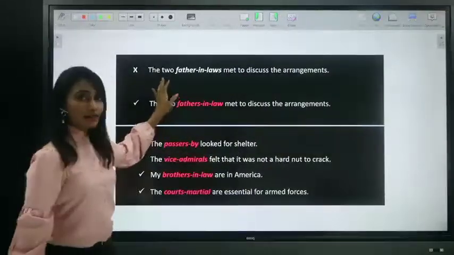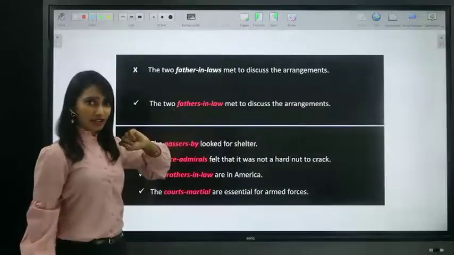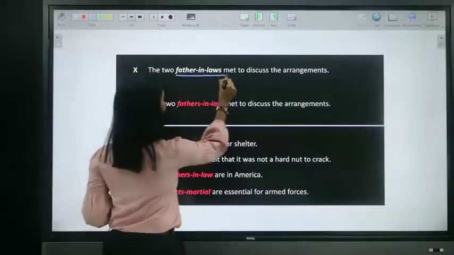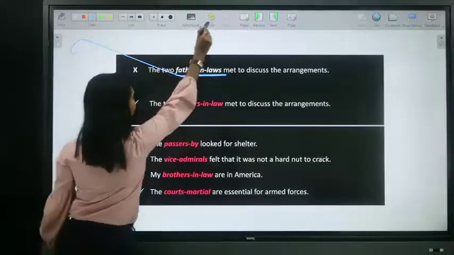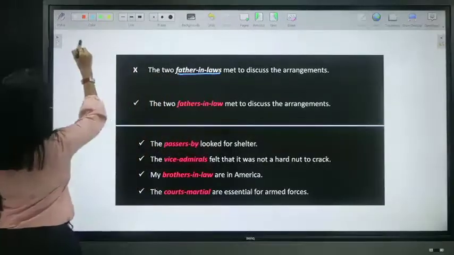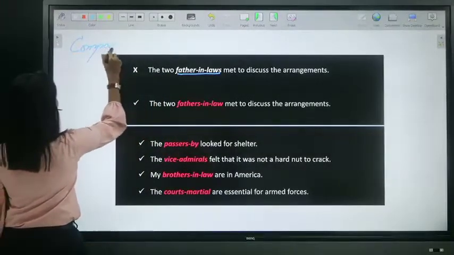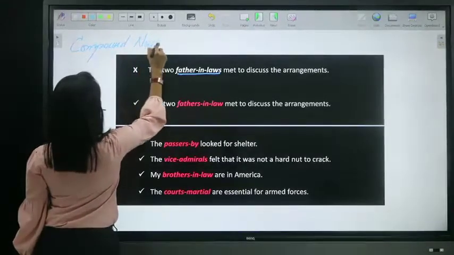Look at this. The two father-in-laws met to discuss the arrangements. Yesterday we discussed compound nouns. So what are compound nouns?